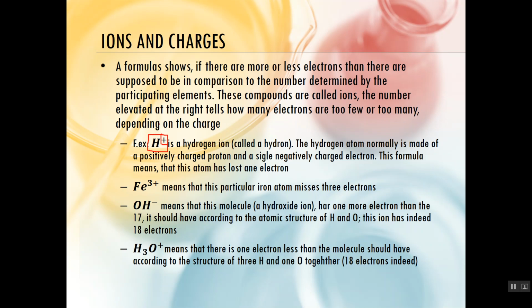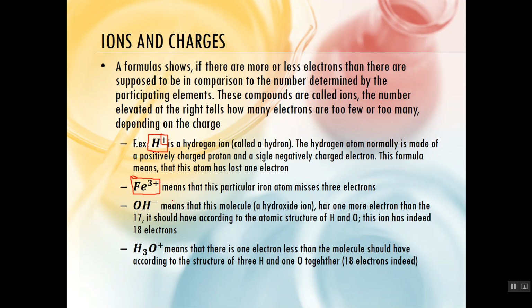So this H plus is basically made of one single particle, a proton, which is positively charged. That's why you have a positive charge. If you take Fe3 plus, that's the iron 3 ion, it means that you have an iron atom which has 3 electrons less than the number predicted by the atom model.